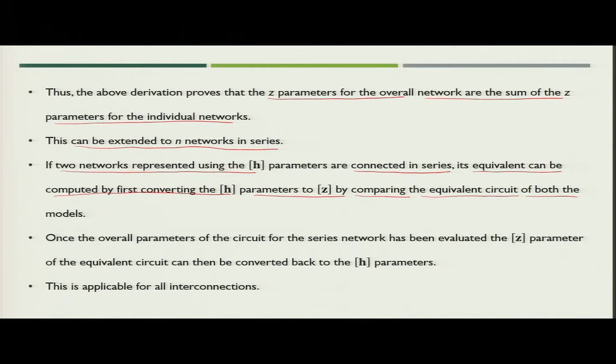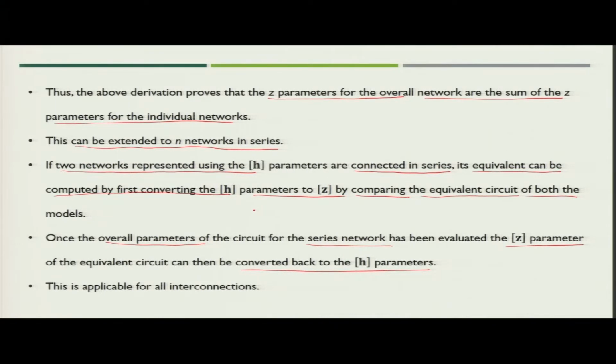Then when we get the z parameter of the overall network for the series connection, we can convert it back into h parameters. This is applicable for any type of interconnection which we may have in the network.